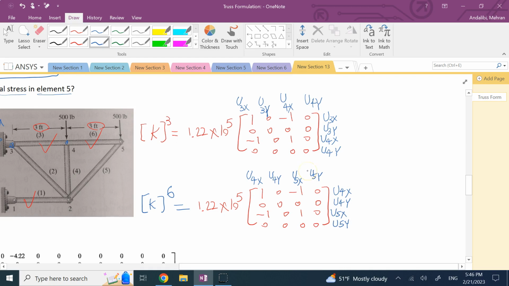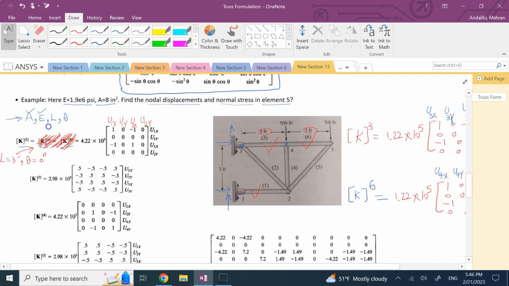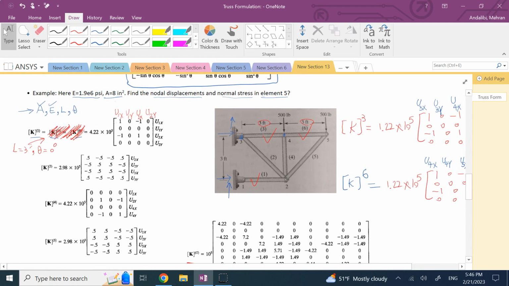They all have the same magnitude, 3, 6, and 1, but the nodes are different. Please pay attention to this part very carefully. Now, let's go to member what? Member 2. What's special about member 2? Well, member 2, if you look at it, that's this member. First of all, the length of it is 3, 3, so it's 3 square root 2, right? So L is 3 square root 2 feet.